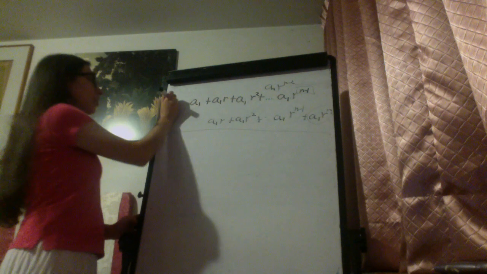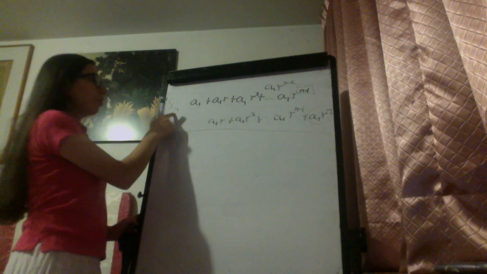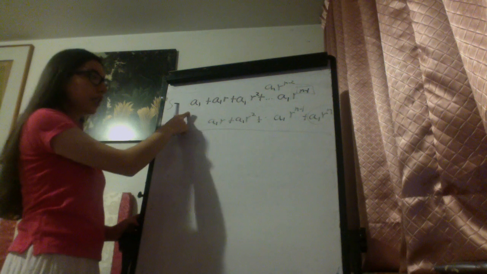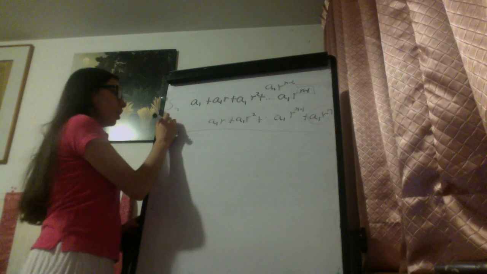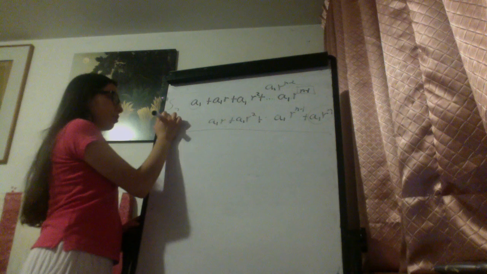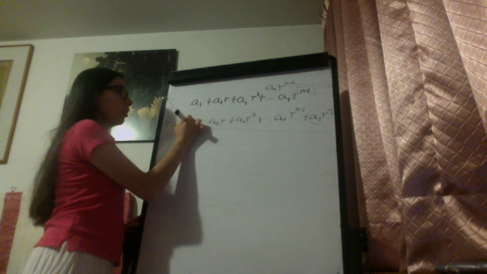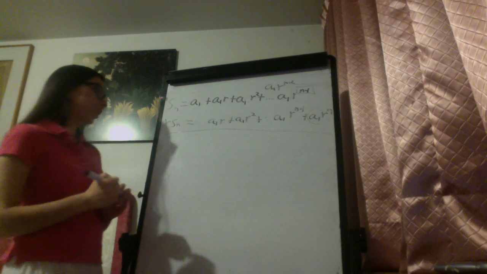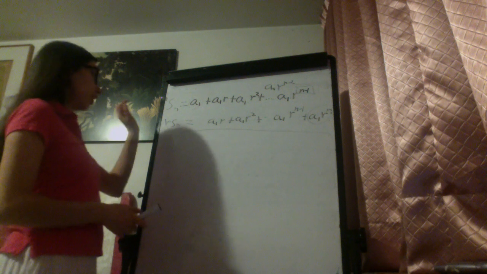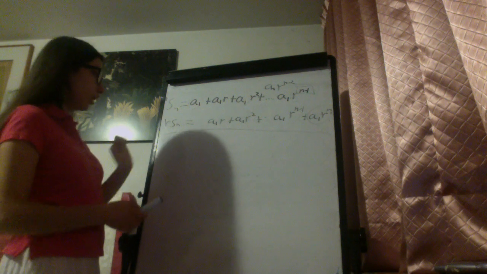Now this is the summation of the first n terms, and this is r times the summation of the first n terms. Now let's subtract this from this.